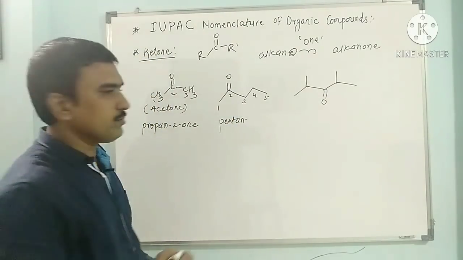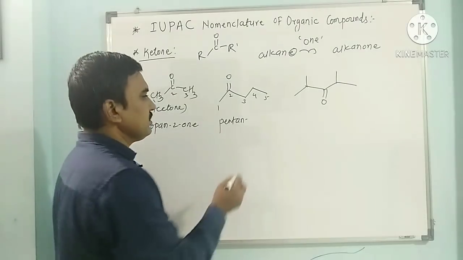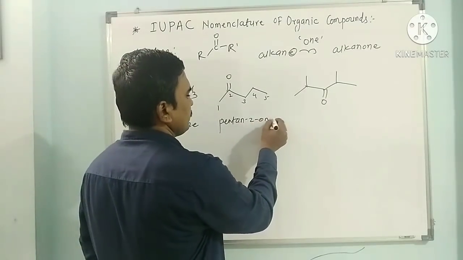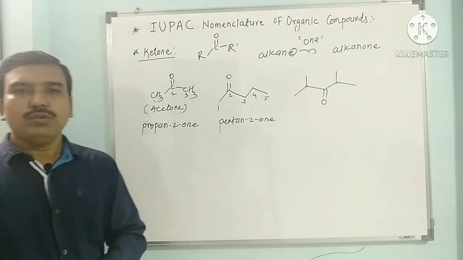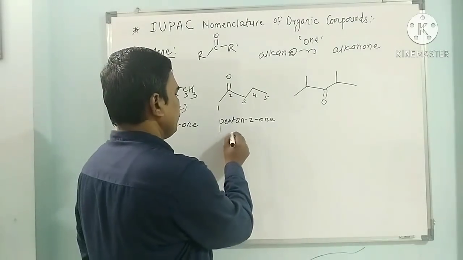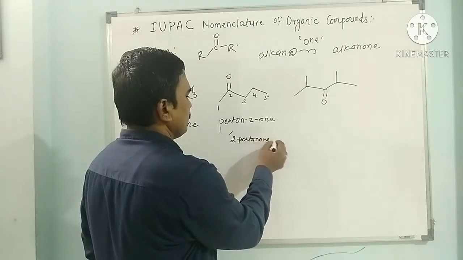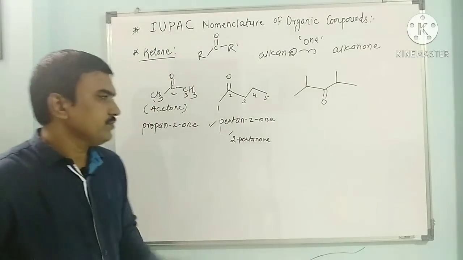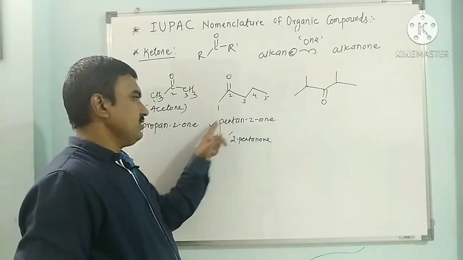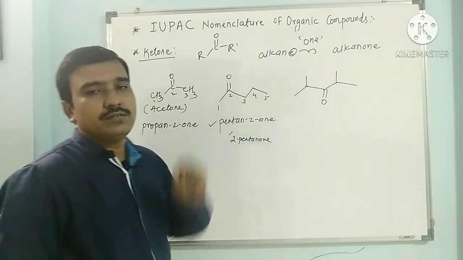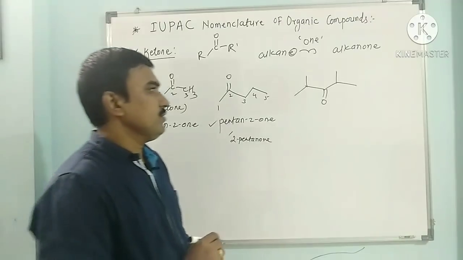Second carbon is carbonyl carbon. That is also called as oxocarbon. So this is 2-one. Pentane 2-one or 2-pentanone. But we have to follow this one. This is also correct, but we should follow this system of naming.